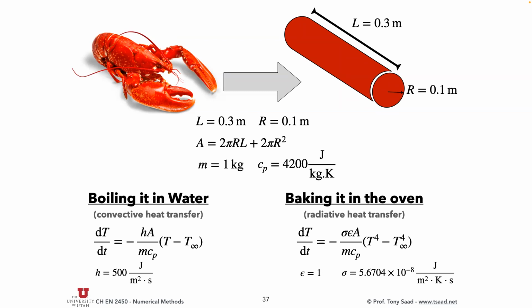So the higher the temperature of the fluid, the faster you could potentially cook the lobster. But choosing different fluids has different implications, right? Water, for example, boils at 100 degrees at sea level. At my house in Sandy, it boils at about 96 Celsius. But cooking in oil allows you to take that boiling point to like 280, 300 degrees, so that's way higher than what water can afford.